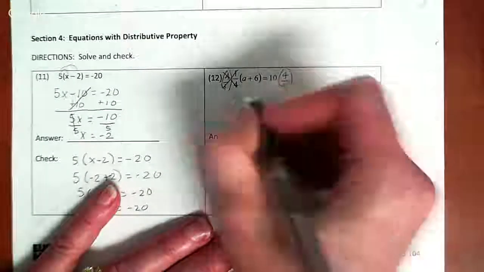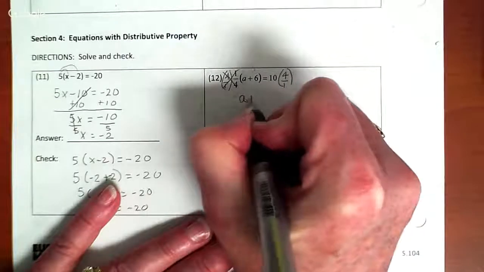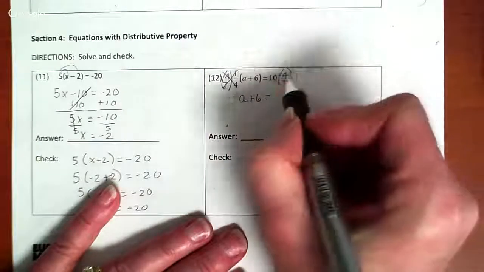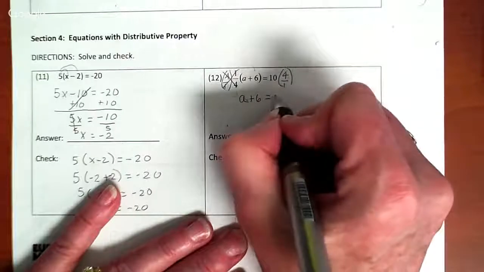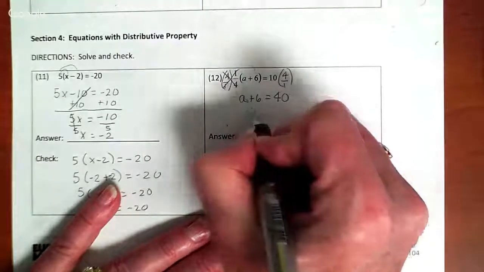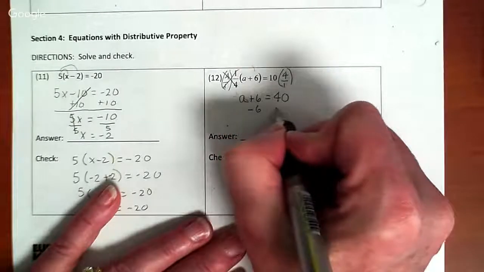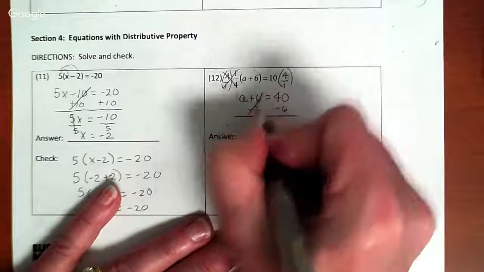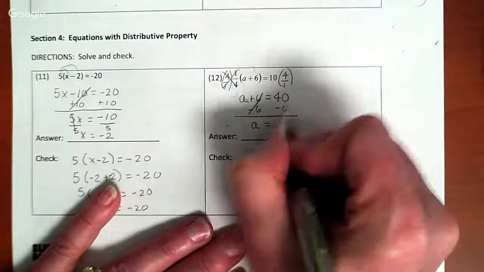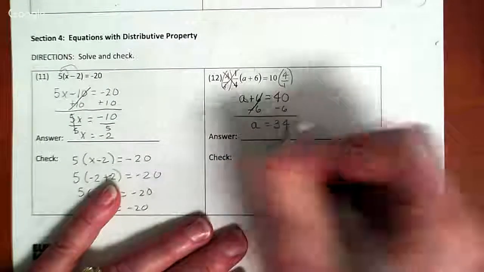This will be gone. So I have A plus 6. Here I have 10 times 4, or 40. Now I have a one-step equation, so I can subtract 6 from both sides. And I have A equals 34.